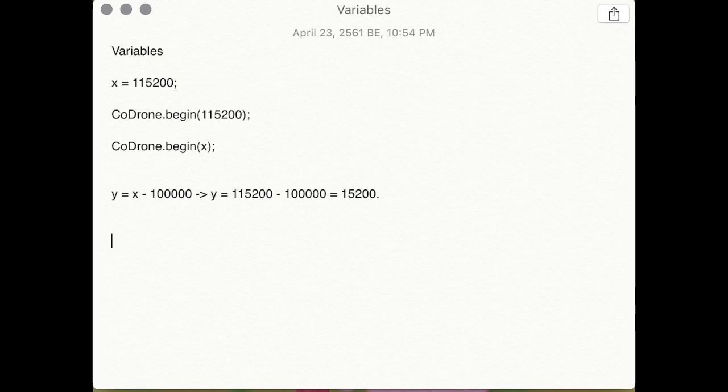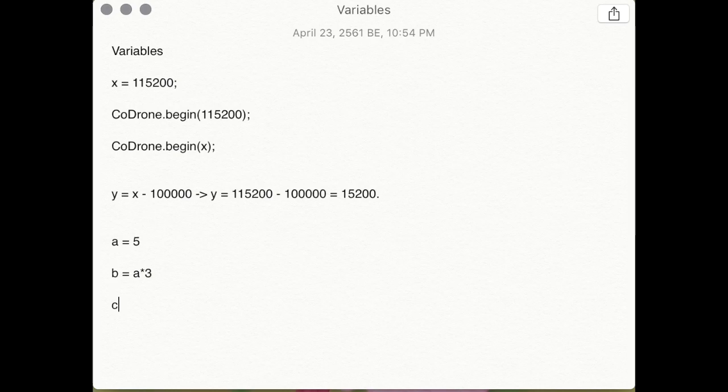Say if you had a equals, let's say 5. Then another variable as b equals a times 3.